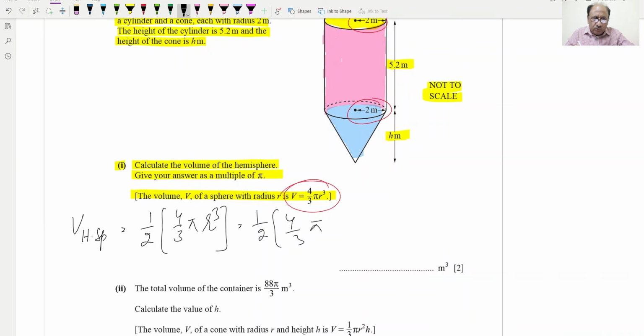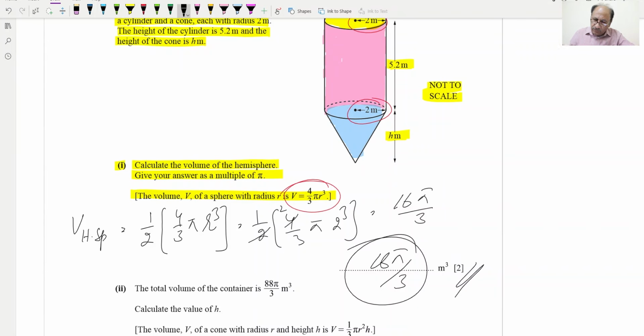R is 2, so we take 2 cubed, and we can cancel the 2 with 2, and then this will be 8 into 2 is 16, so 16 pi by 3. So 16 pi by 3 will be the answer for this one, and they require the answer in terms of pi, so we kept it like this.